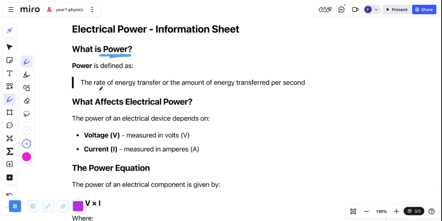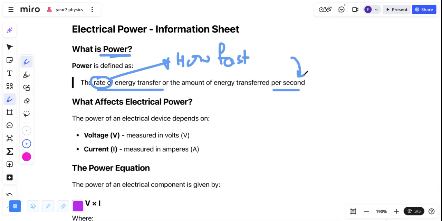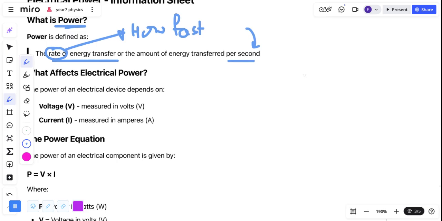So we're going to have a look at power, which is the rate of energy transfer. And a couple of sessions ago, I talked about rate. Rate is very important. It is how fast, and that's it. How fast something is happening. And in physics, it's always per second. Well, exactly what does it mean per second?